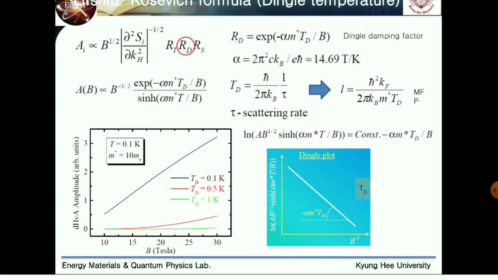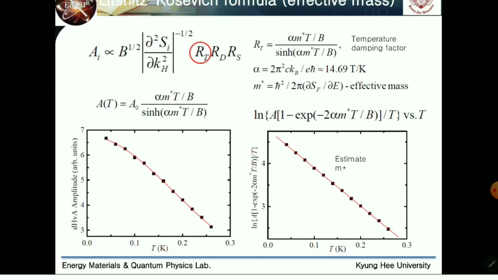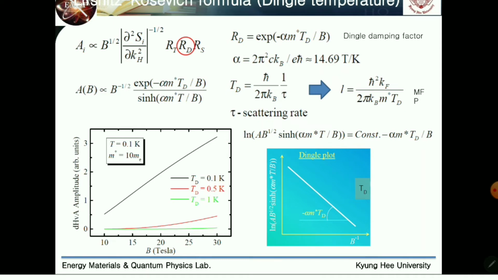This Dingle temperature can be estimated by the analysis of this plot, which shows the de Haas-van Alphen amplitude with magnetic field. The previous one was the amplitude with respect to temperature, where the temperature damping factor gives the effective mass of the carrier, and the Dingle damping factor comes from the amplitude versus magnetic field.